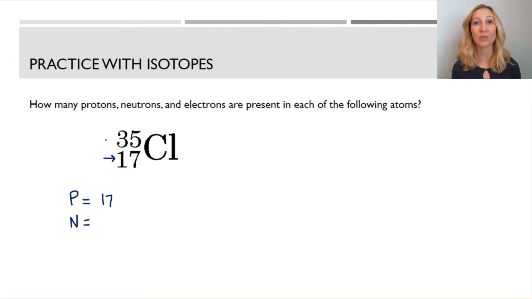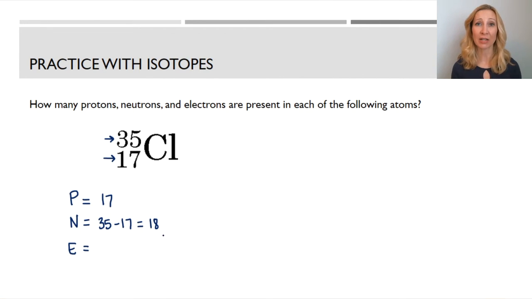Now the number of neutrons is where it varies. This specific isotope of chlorine has a mass number of 35. So the number of protons, which is 17, plus the number of neutrons will equal 35. To figure out how many neutrons, we take 35 minus 17, just a little bit of algebra there. 35 minus 17 gives us 18 neutrons in this specific isotope of chlorine.